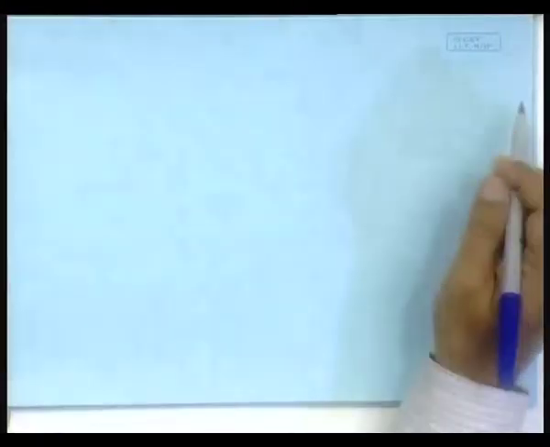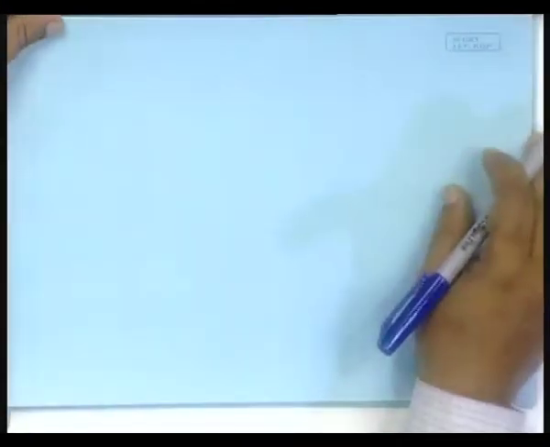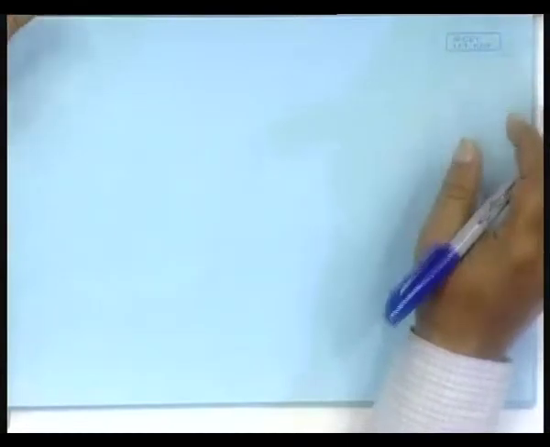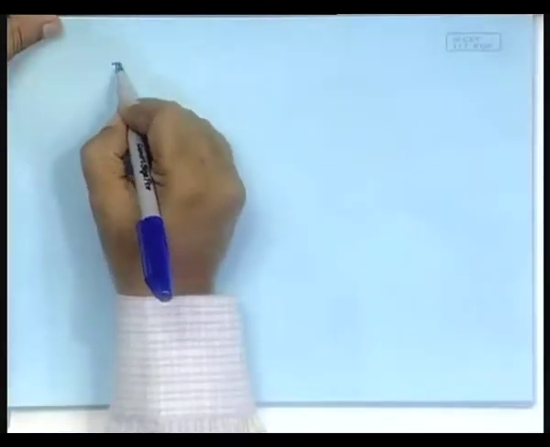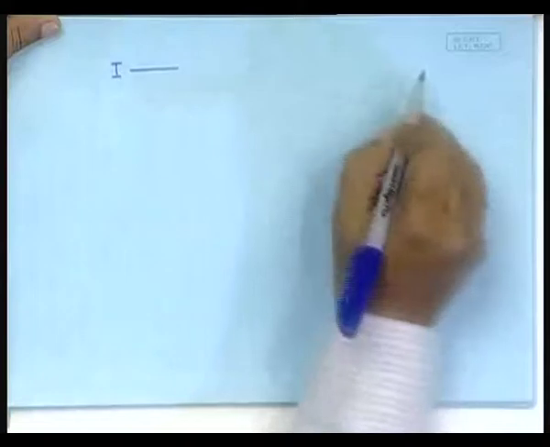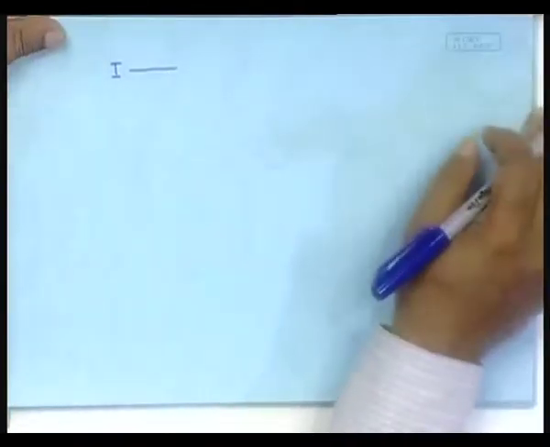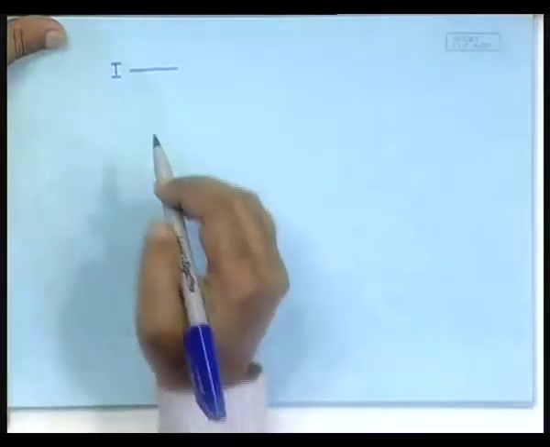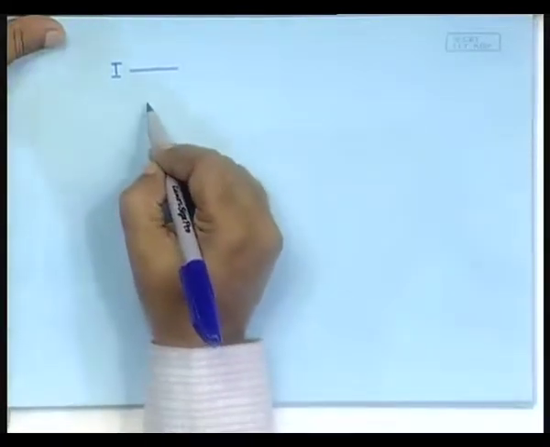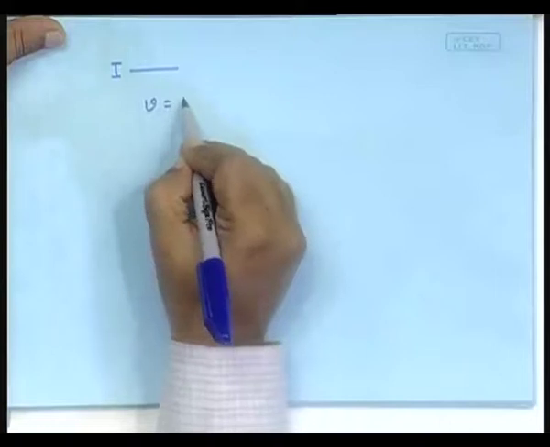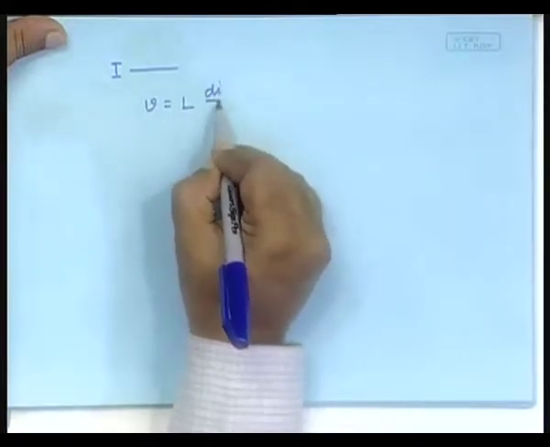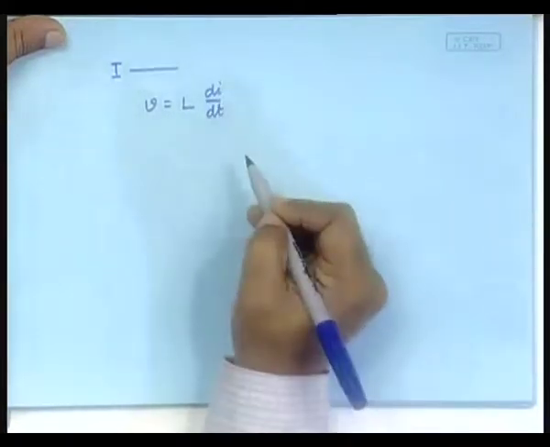So, let us try to understand the character of each. First, when we talk about the inductive element, so I connected to something, this bond. What is the character of this bond then? Character of the bond is represented by the fact that V is equal to L dI/dt, we know that.